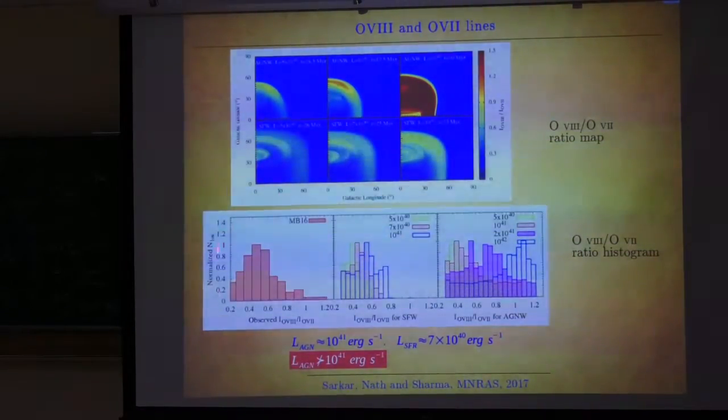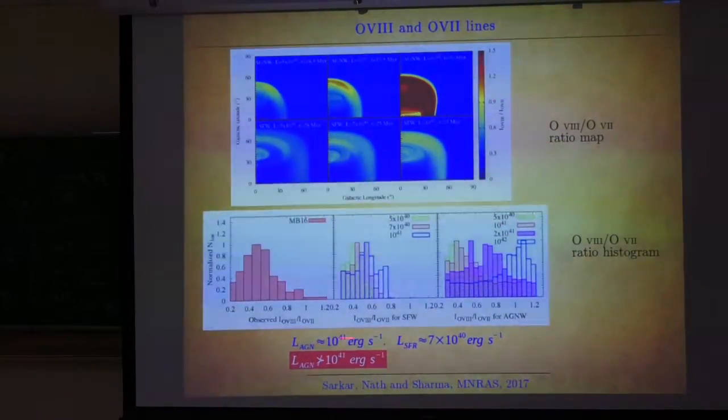Right. So what you see in observation is that it peaks around 0.5 and then drops after 0.7. So if we are comparing, then the histogram should match like this. And what we see in the star formation driven case is that the best match is for 10 to the 40 ergs per second, and in the AGN wind driven case, the best match is at 10 to the 41.